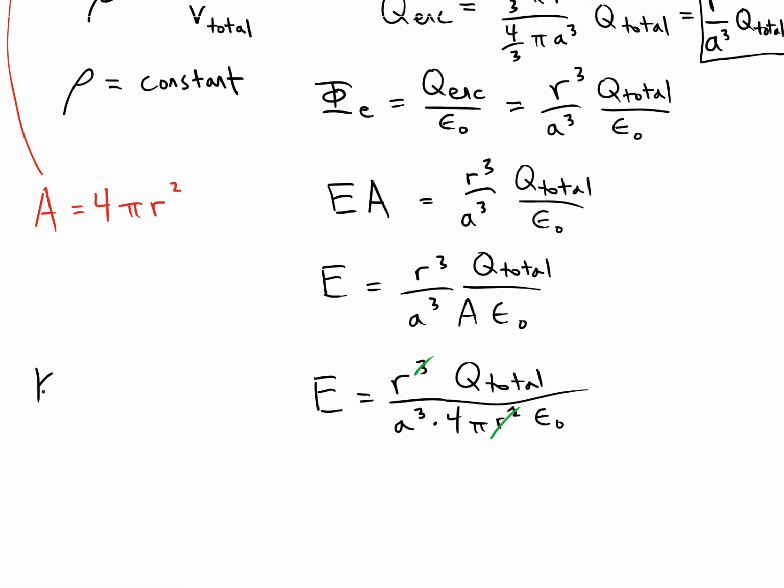And we also want to recall that Coulomb's constant is 1 over 4 pi epsilon naught. With all those things in mind, we end up with this formula.